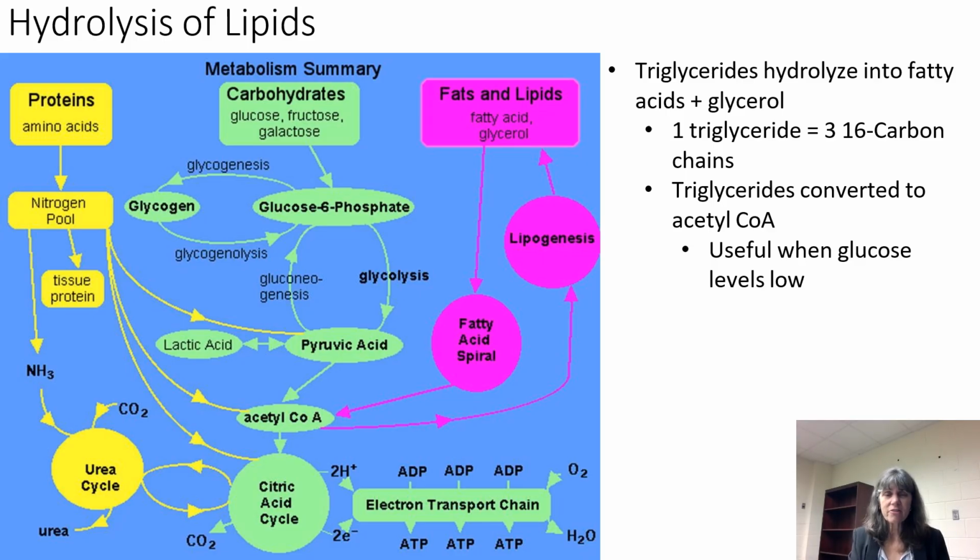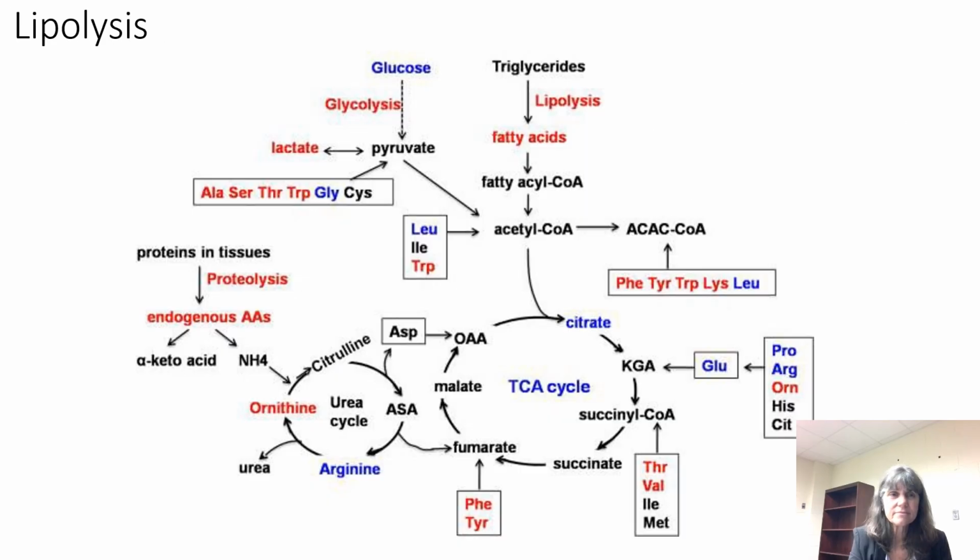And as I mentioned just in this slide, if you look at the fats and lipids on the far right, you see that fatty acids can be converted into acetyl coenzyme A. They can also be reconverted into fats and lipids. So here's the whole chain that occurs with lipolysis.